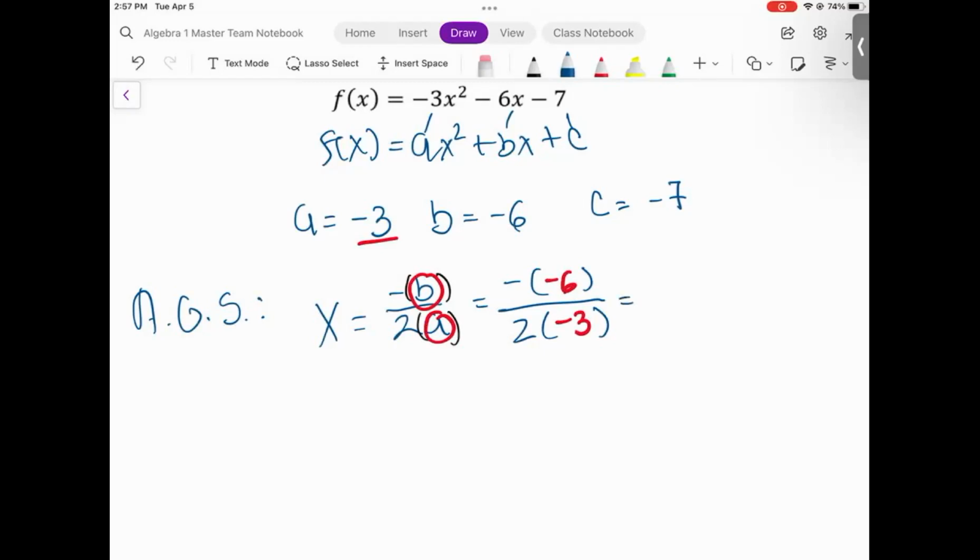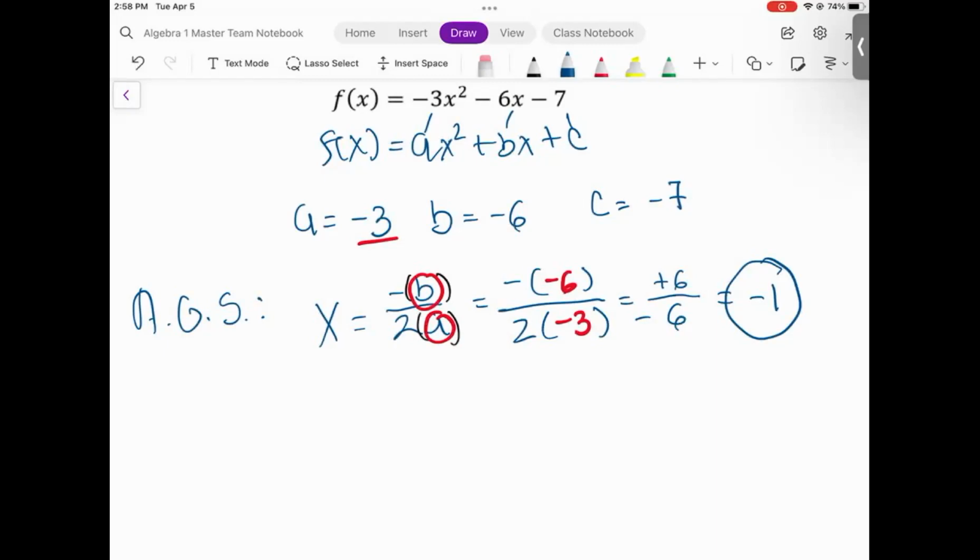Notice that now we have negative times -6 on the numerator, which is going to give us +6. And we have 2 times -3 on the denominator, which is going to give us -6. Now we got +6 divided by -6, which is equal to -1. So our axis of symmetry is equal to -1.